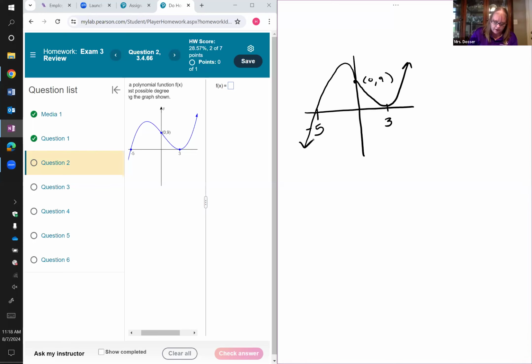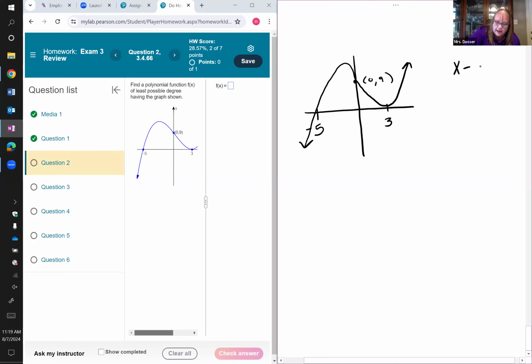So in order to find the polynomial of least possible degree, well, we know that the polynomial function can be written as a leading coefficient, a, times the factors that produce this graph. Well, we can see from the graph that our x-intercepts are our factors. So the x-intercepts, the roots, the solutions, those can be written as factors by writing them in the form of x minus a, whatever that intercept is.